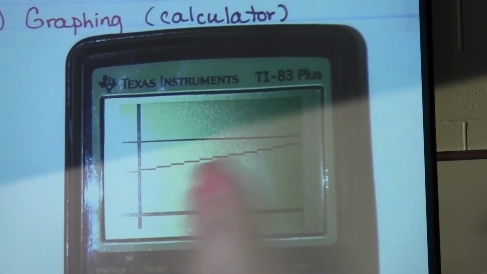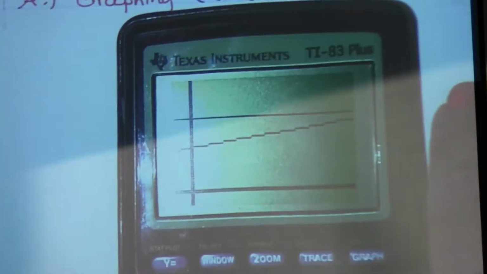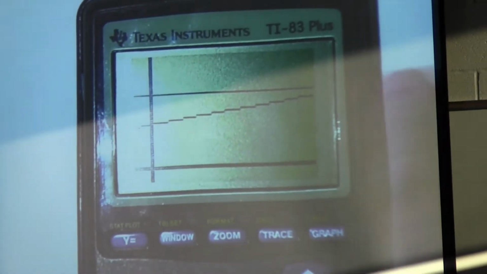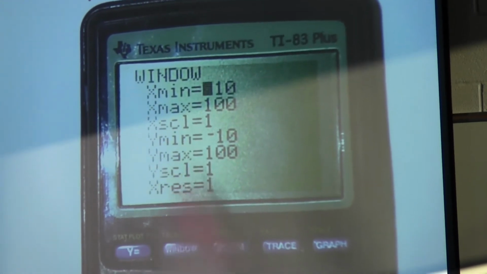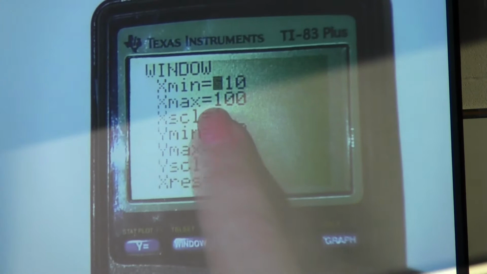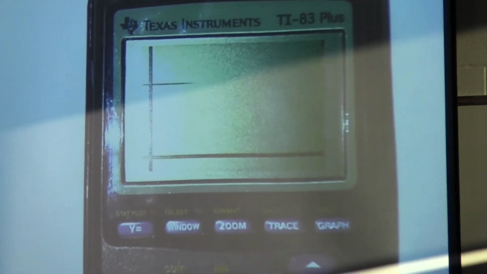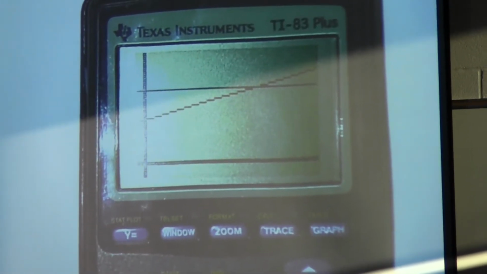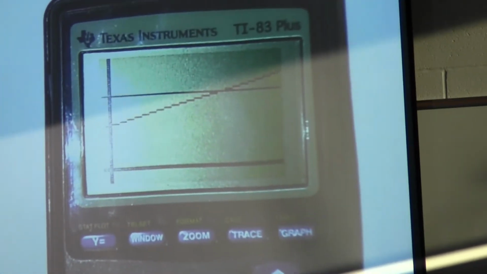Because look, I can see that they're going to connect somewhere, but it's going to be like right here, right? So I only go out to 100 texts right now. I could make more than 100 texts before I'm going to break even. So I'm going to move my window, because remember X is the number of texts I'm sending. That was my independent variable. So let's just change it to like 200 and see what happens. I only changed the X. I only changed the number of texts.